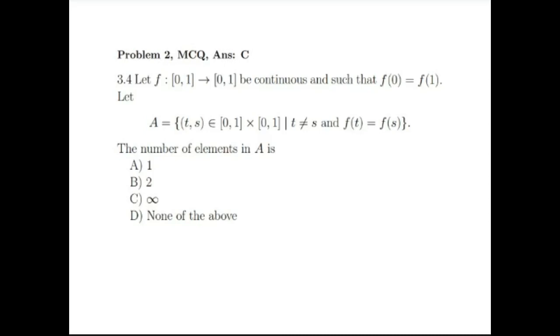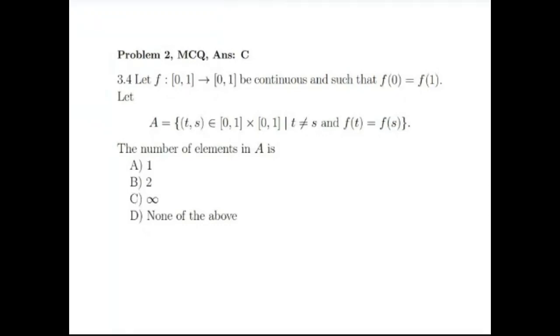For example, it already contains (0,1), because f(0) and f(1) are the same, as given. So the number of elements in A is already at least 1. Does A contain more than 1 point? That's the question.